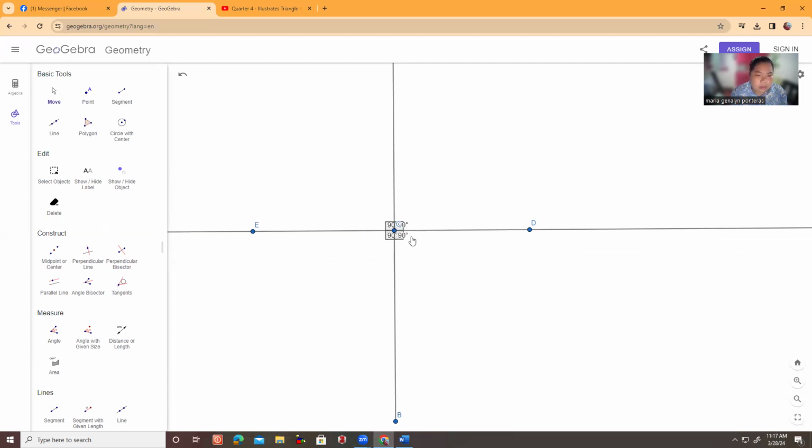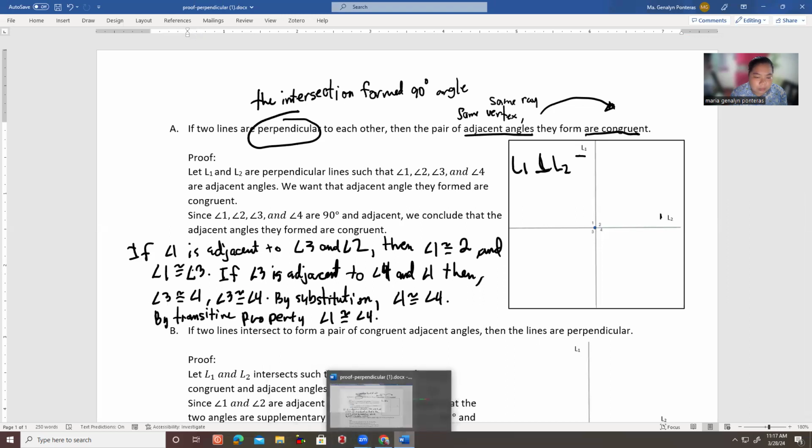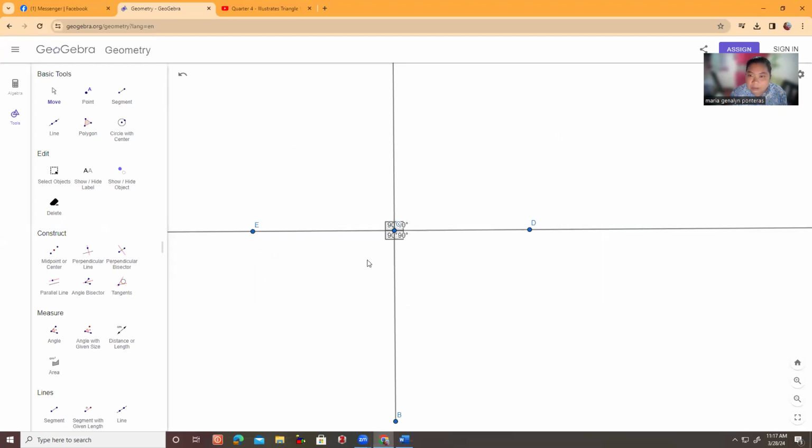So 90, 90. So angle 1, angle 4. According to the first statement, the pair of adjacent angles they form are congruent. By construction, they were congruent. They all form 90 degree angles.